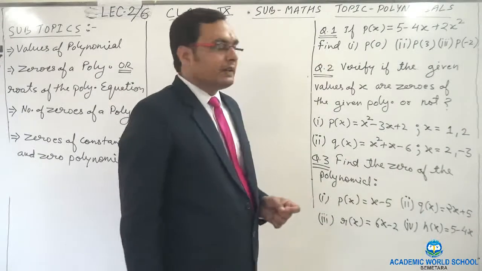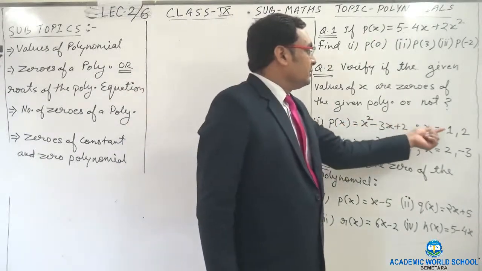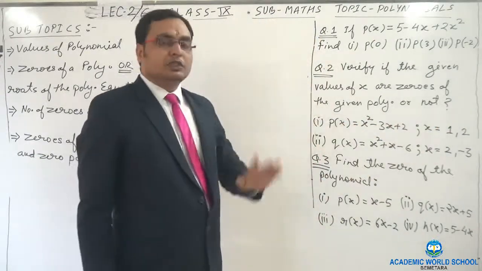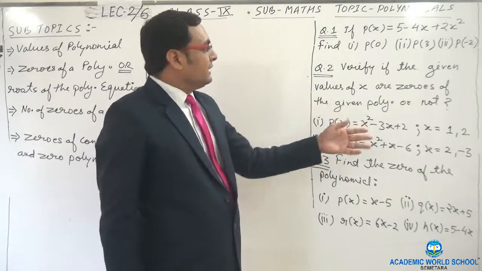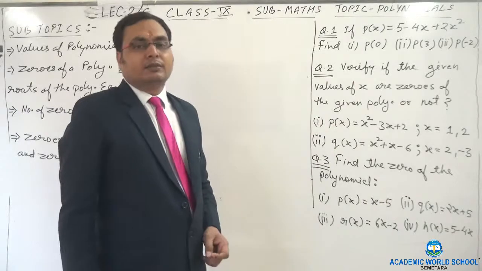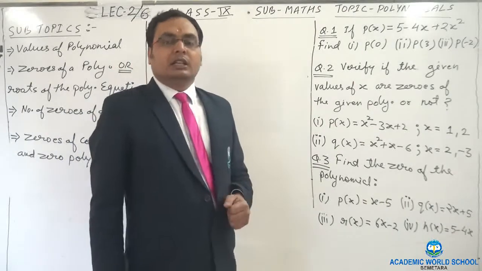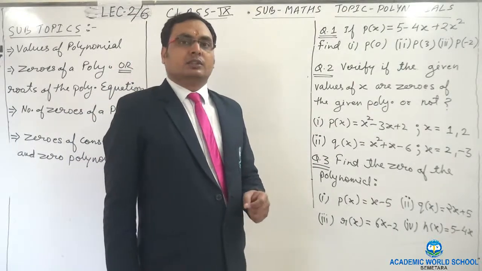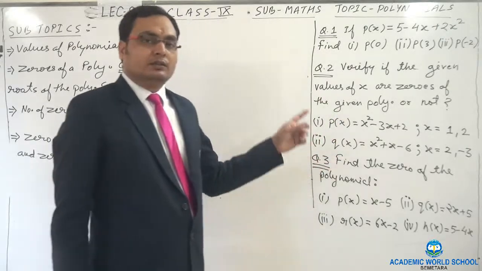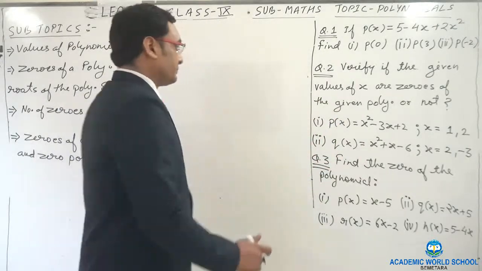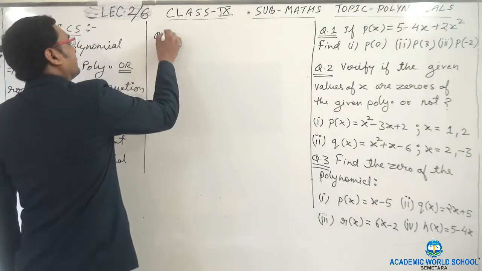We have to verify whether these values of x are the zeros of this polynomial or not. So we will put those values of x in the polynomial and find the value of the polynomial. If the value of the polynomial is equal to 0, then that value of x will be the zero of this given polynomial.